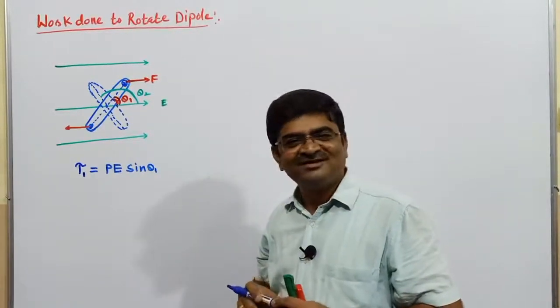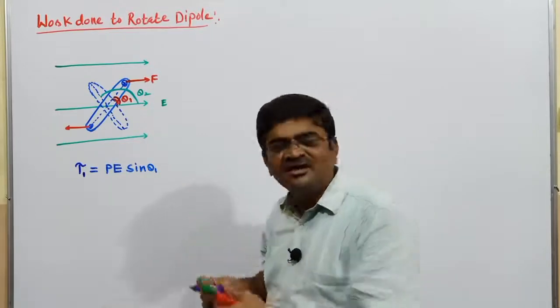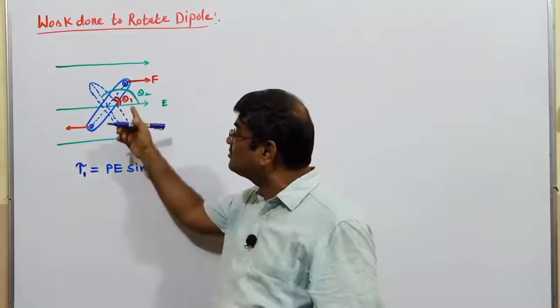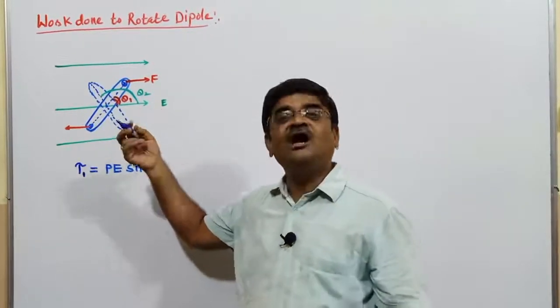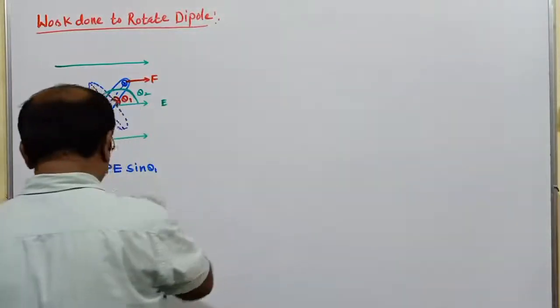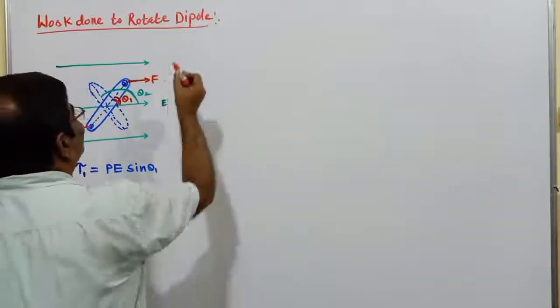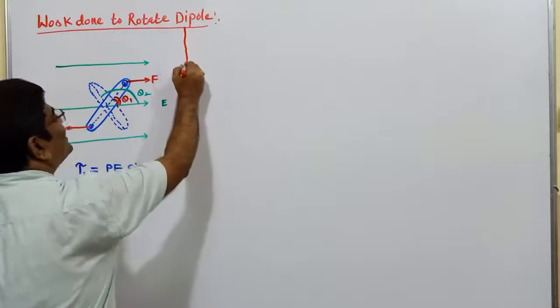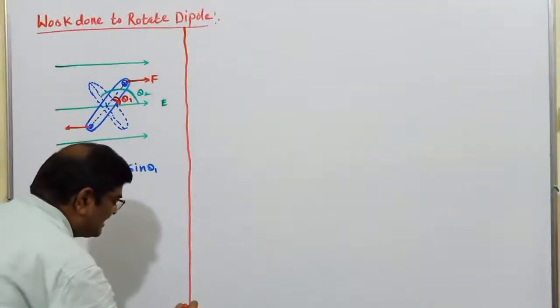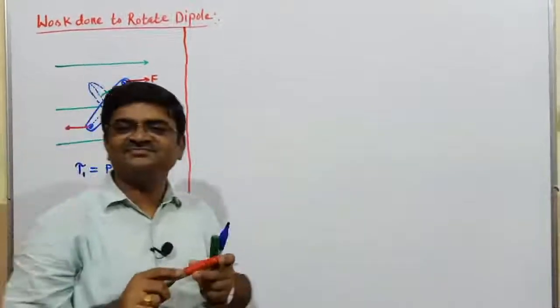You should do the work. And that's what is here. When I wish to rotate a dipole against the torque, which is there in the theta 1 position, I will have to do the work.